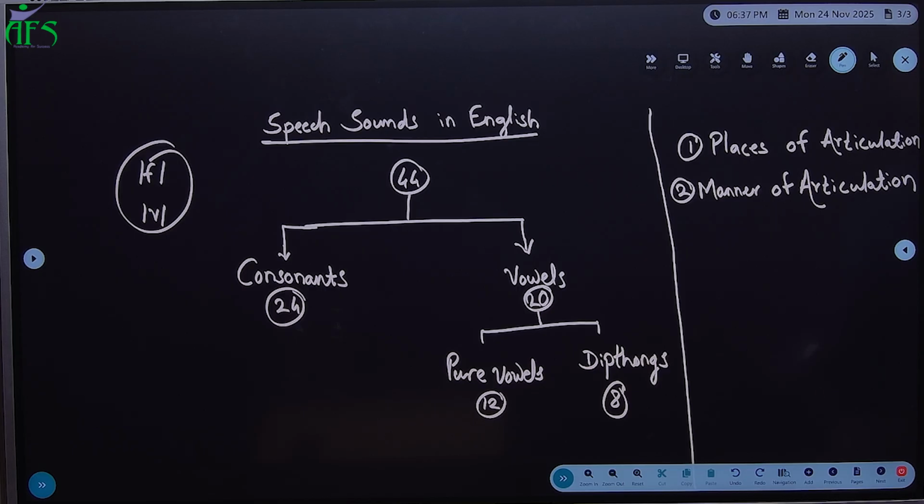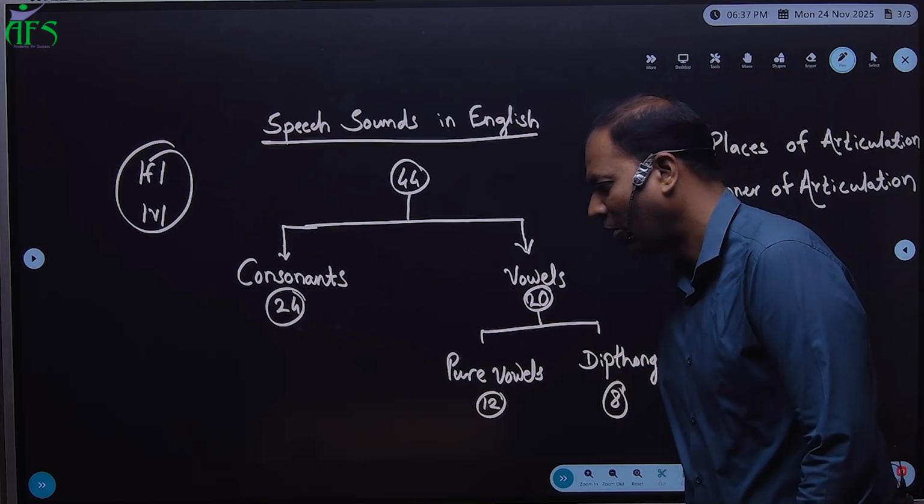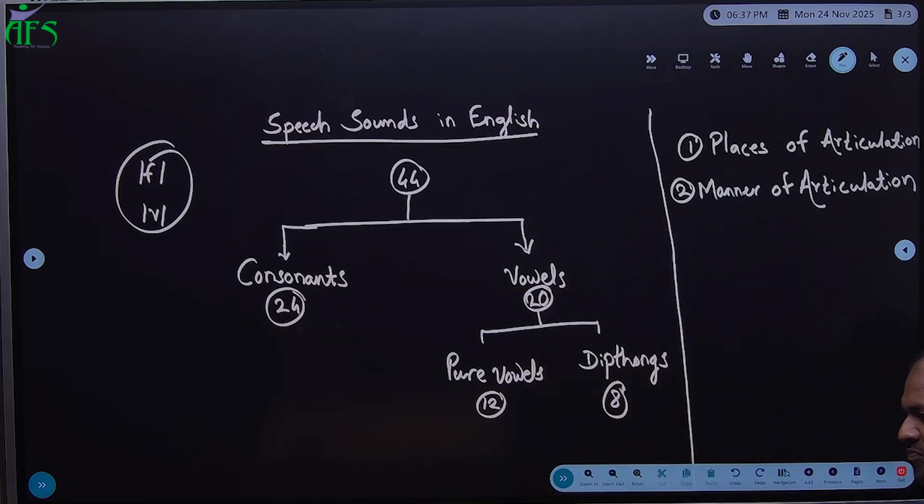Only two sounds are there. Then alveolar. Next category comes alveolar. Got it? So in alveolar, the sounds that are articulated when the tip of the tongue and sometimes the blade of the tongue also touches the alveolar ridge. Now where is the alveolar ridge?